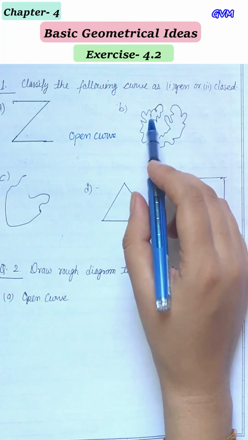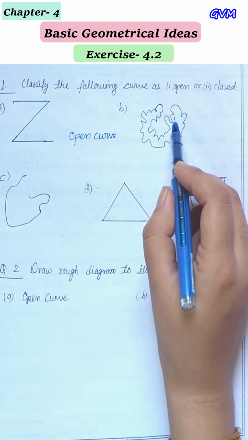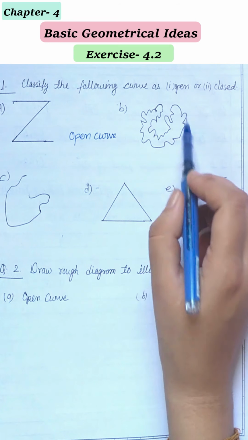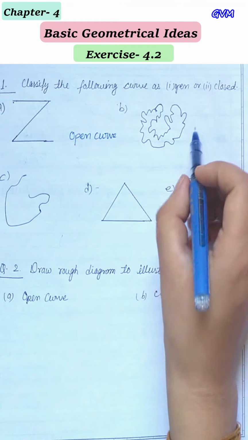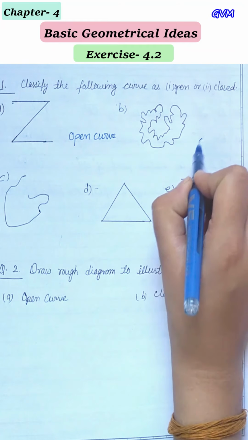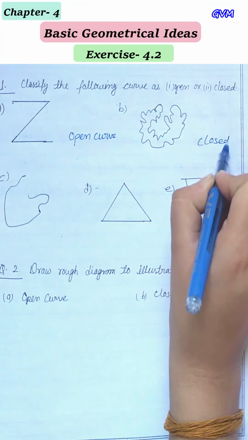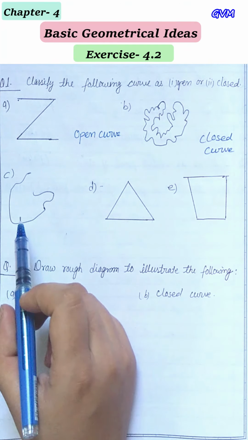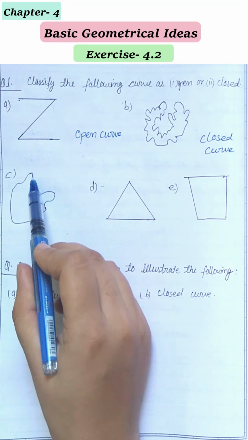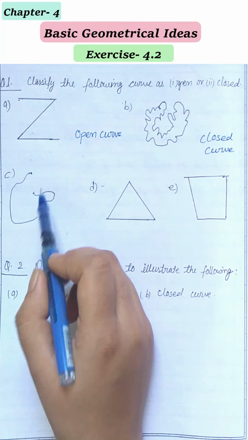B part we have, we cannot see any endpoint or starting point. That means somewhere there is a starting point and endpoint are joined. That means this is a closed curve. So closed curve. Now C part we can see the endpoint and starting point are different.